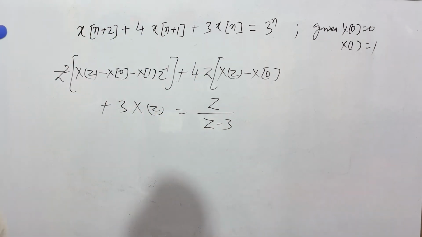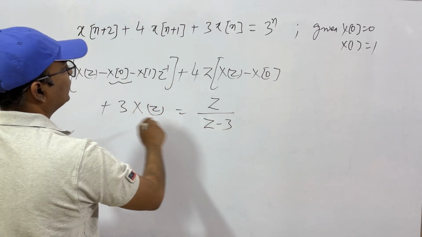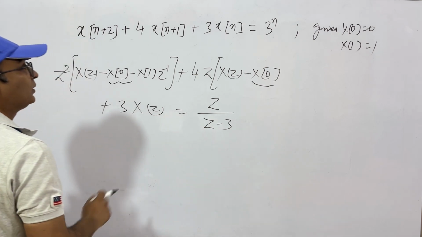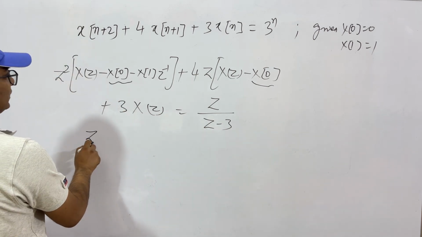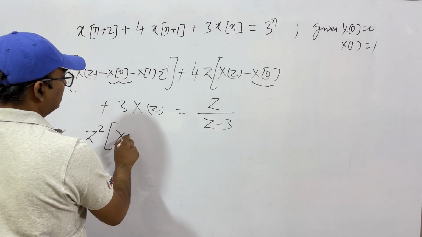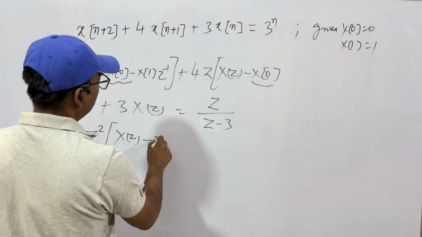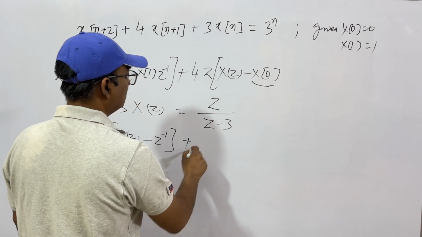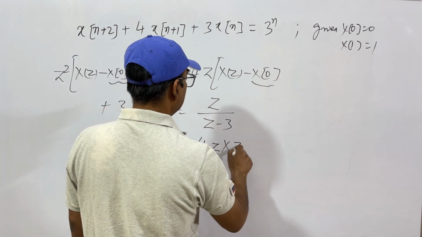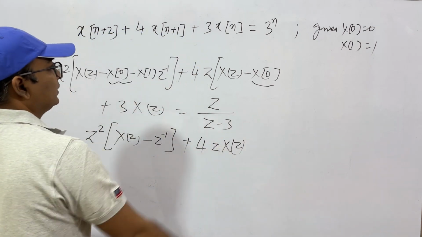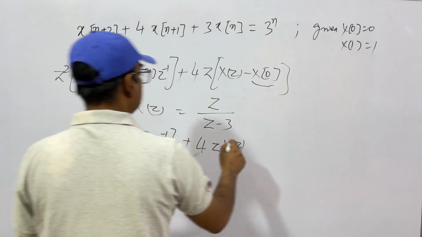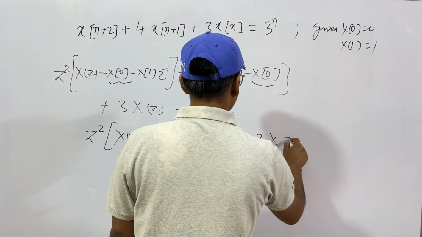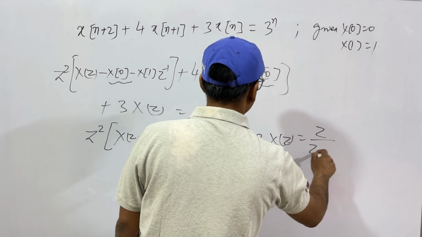Now x(0) is 0 and x(1) is 1. So we get z square X(z) minus z plus 4z X(z) plus 3 X(z) equals z by z minus 3.